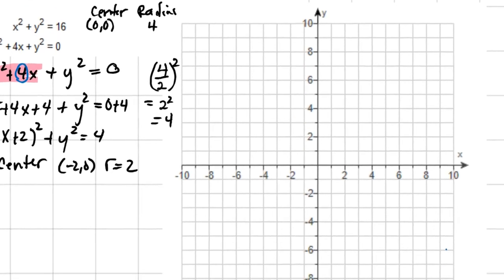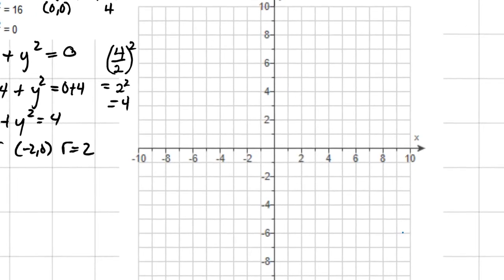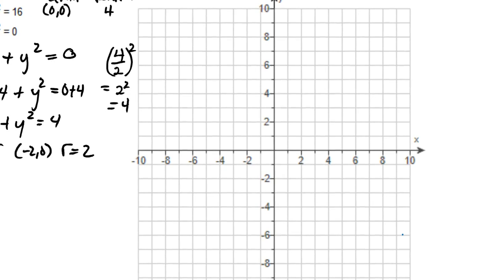So both of these are circles, and I'll graph them on this picture. I have one circle with center at 0, 0 and radius 4. So the first equation has a graph like this. The second equation has a center at -2, 0 with a radius 2.